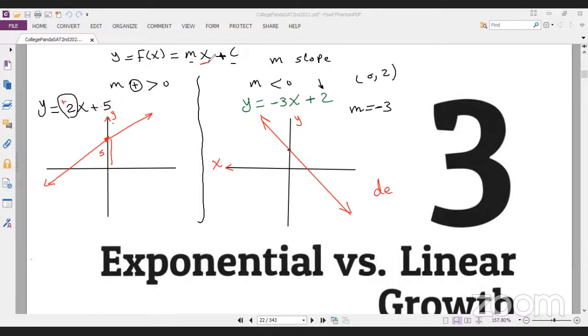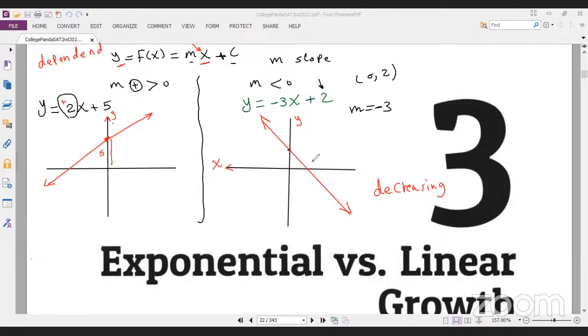We can call x the independent variable, and y, the y-axis values, the dependent variable, because it depends on the value of x, which is free and can be changed at any time. If x changes, y should change as well. So here the relationship is decreasing.